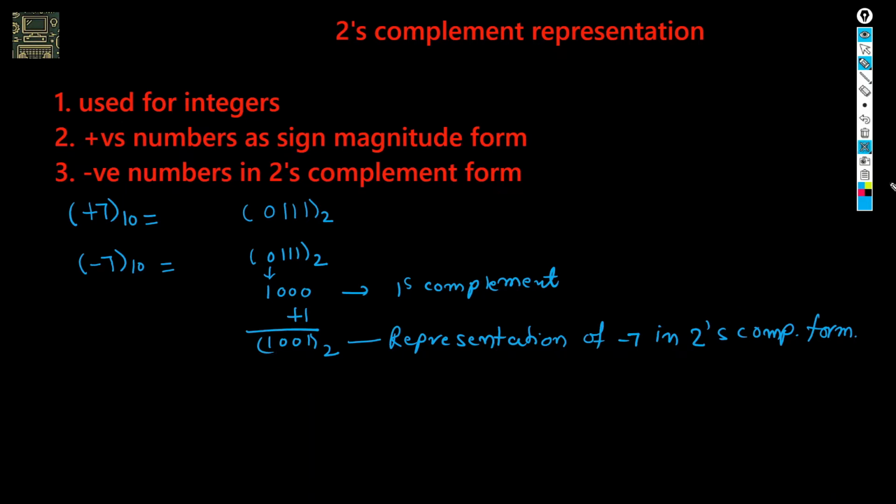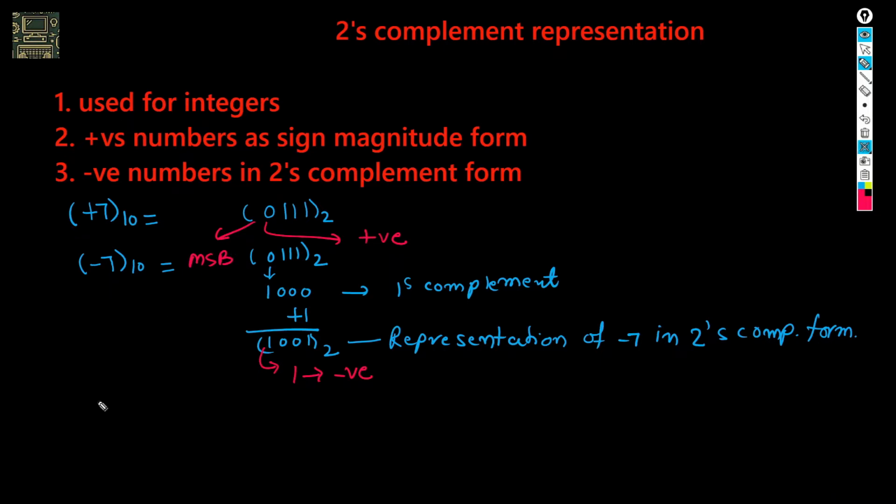Here the first bit is 1, so 1 indicates that the number is negative. 0 indicates that the number is positive. This first bit is known as the MSB, most significant bit. This is always indicating the sign of the number, whether the number is positive or negative.